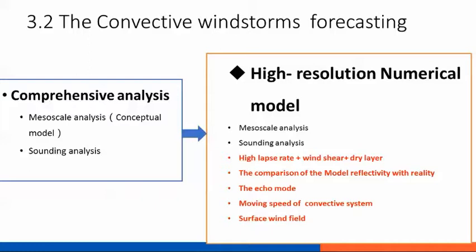After analyzing the model mesoscale analysis and sounding analysis of environmental conditions for convective windstorms, we also pay more attention to the echo mode, moving speed of reflectivity, and surface wind field from models.